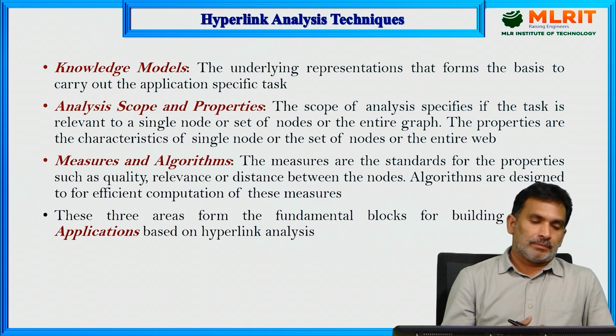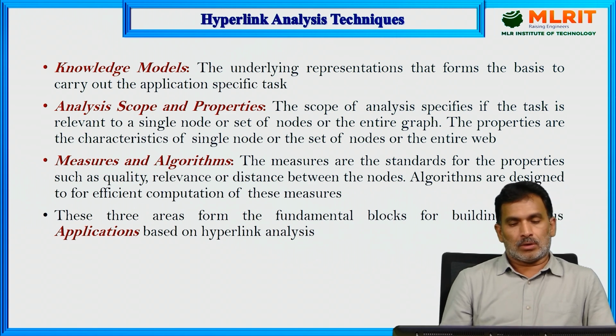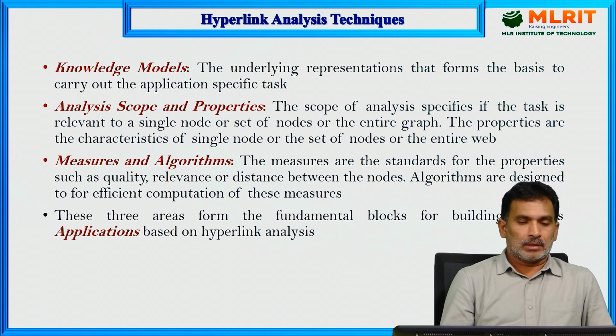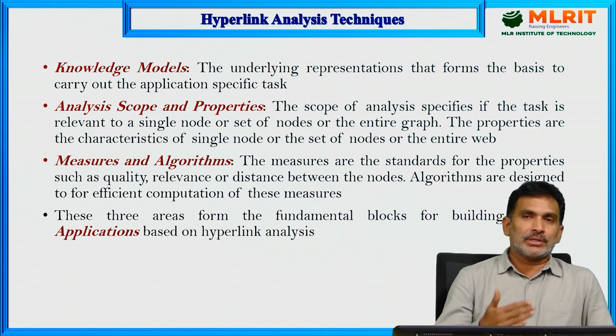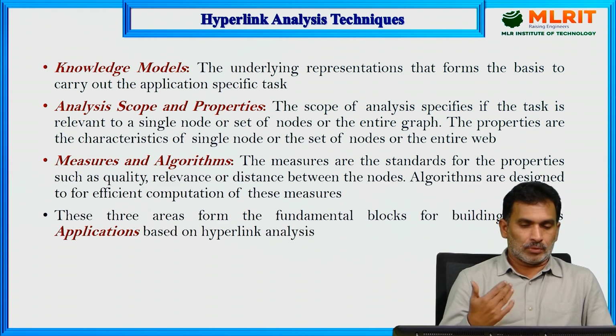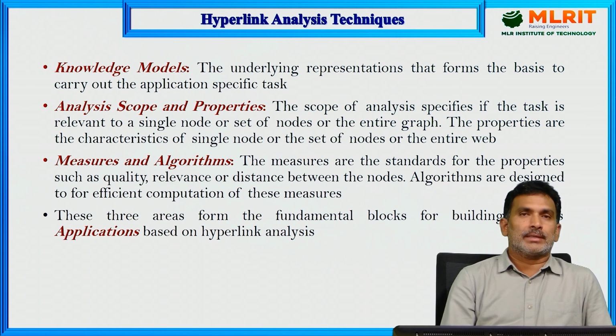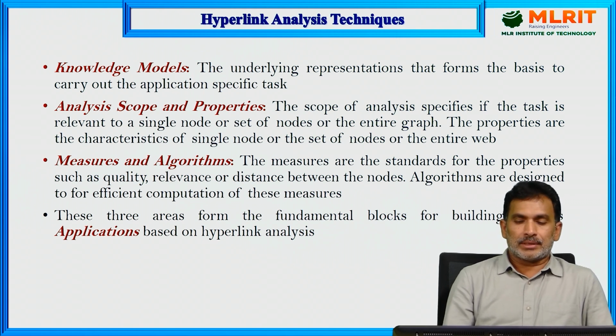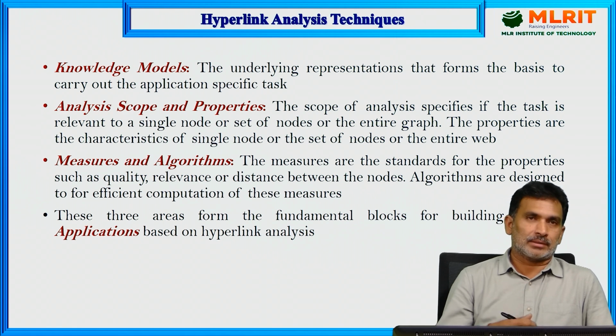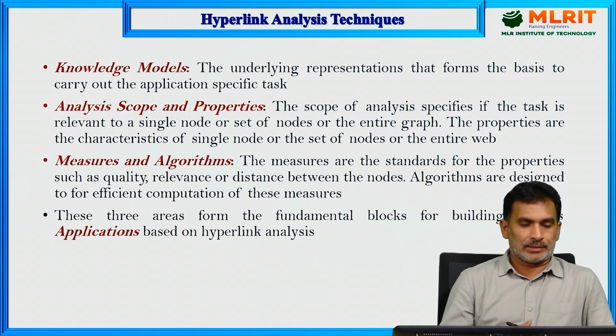Here we are not going to discuss all varieties under each category; we mostly look at one category under each technique. So let us see the knowledge models: the underlying representation that forms the basis to carry out the application-specific task. We use different knowledge models here.